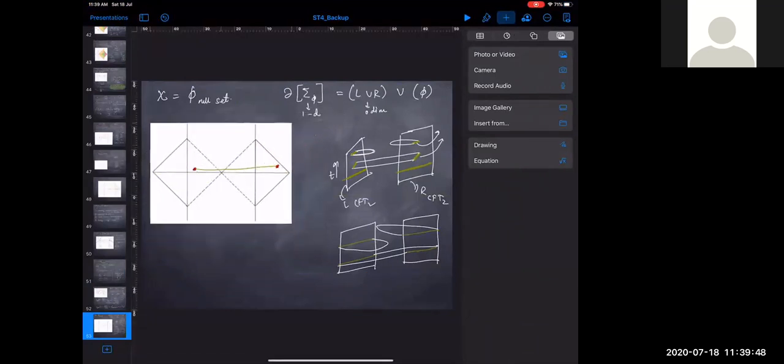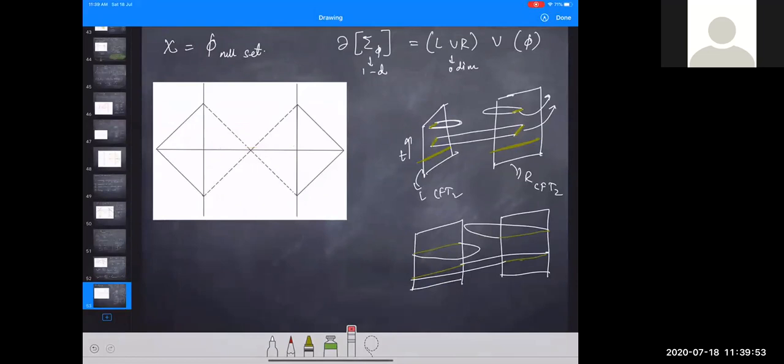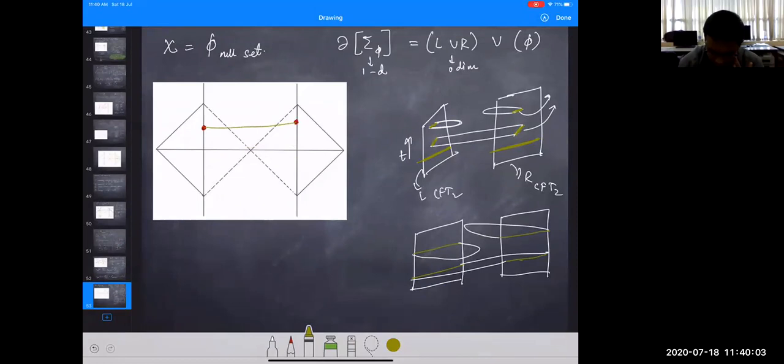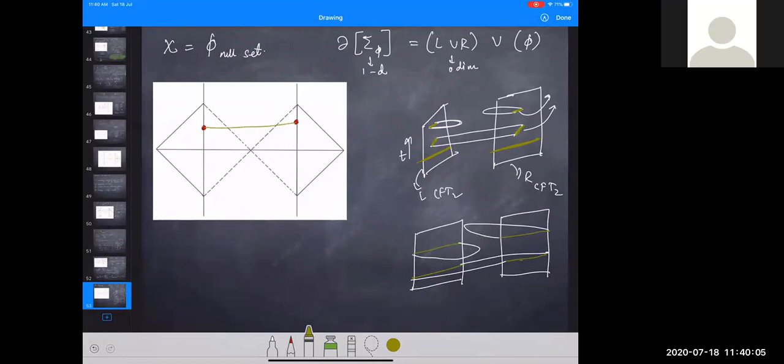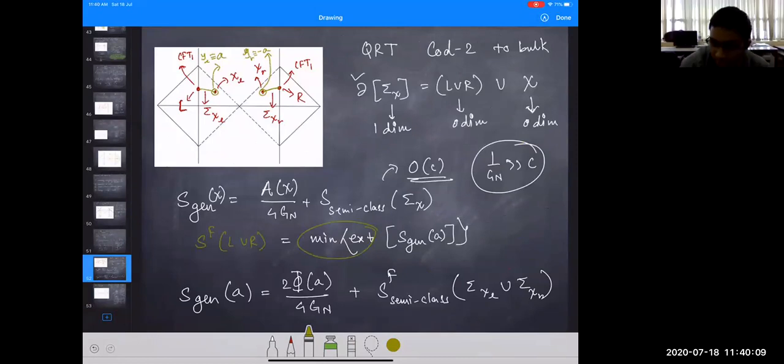All right. I have slight confusion about this null set case. Yes, please. So I thought when you calculate the RT surfaces with black holes, you end up having a surface which just hugs the black hole, and you include that. That's the RT, not necessarily quantum RT. QRT has this second term, semi-classical or entropy of the entanglement wedge.